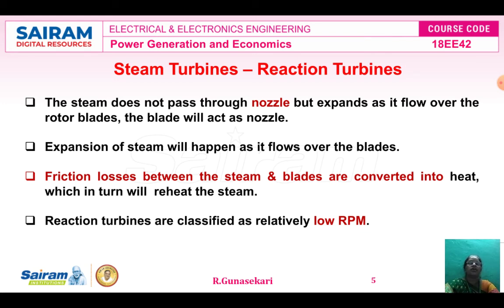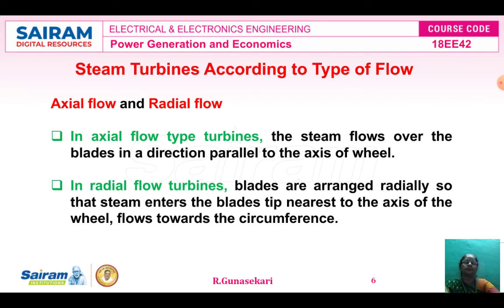The friction losses between the steam and the blades are converted into heat, which reheats the steam. Reaction turbines are classified as relatively low RPM: the impulse turbine is high speed and the reaction turbine is low speed.